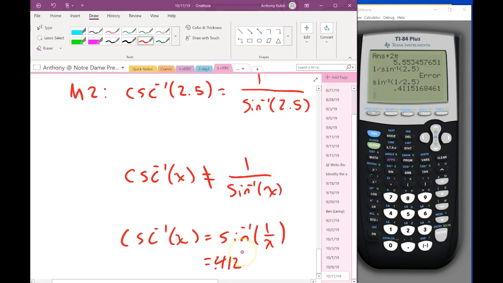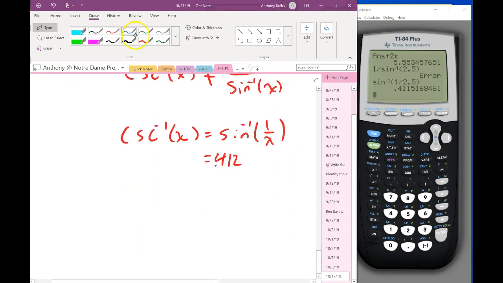Should we unpack why I took the reciprocal of the inside part rather than of the inverse? So if I have y equals sine x, that would tell me that if I take the reciprocal of both sides, I would get 1 over y equals cosecant x, right?